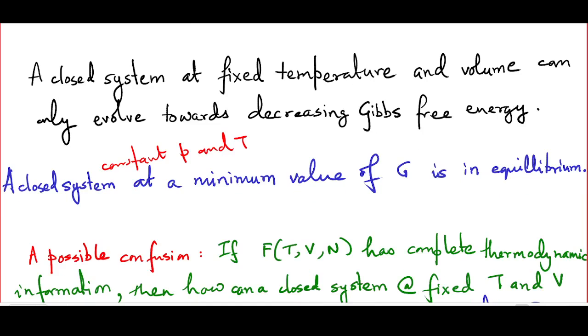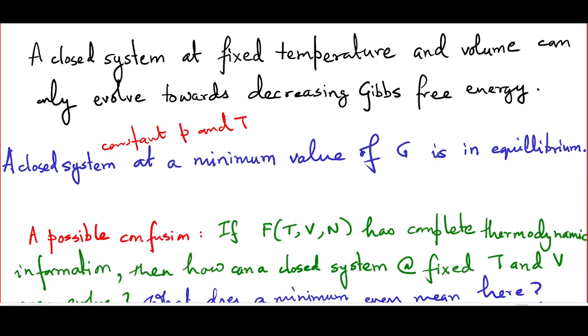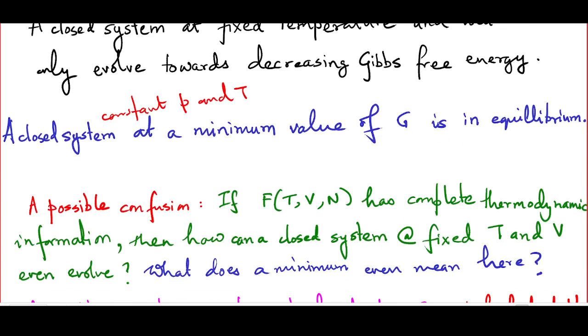Now note that according to what we have studied so far, F(T, V, N), F expressed as a function of temperature, volume and number or amount of particles, has complete thermodynamic information. Then, if you have a closed system that is fixed N, and you hold it at a fixed temperature and fixed volume, how can the system even evolve?